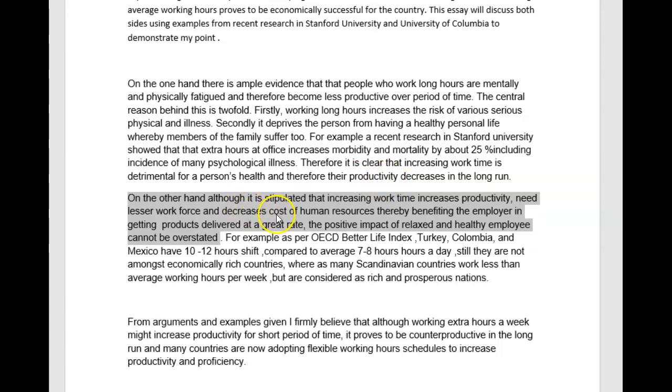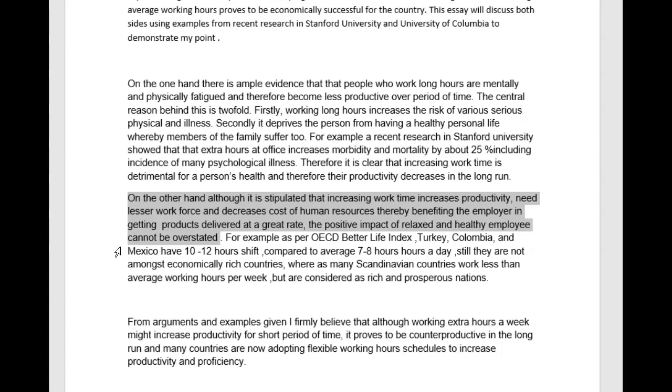So what would have made more sense here is if you had said, on the other hand, although it is, if you want to use stipulated, sure, although it is stipulated that longer working hours decrease costs of human resources, and I don't know, require a smaller workforce, the positive impacts of relaxed and healthy employees on the country at large cannot be overstated.